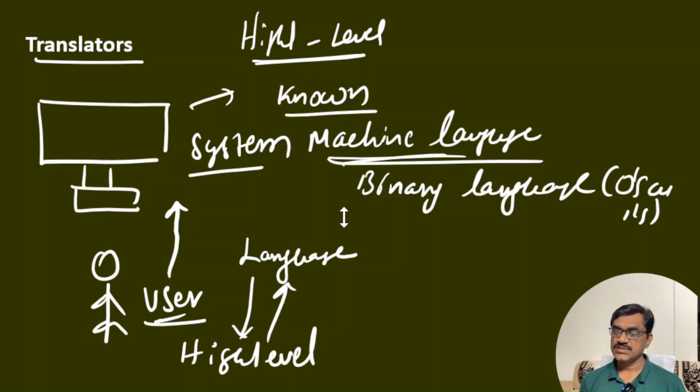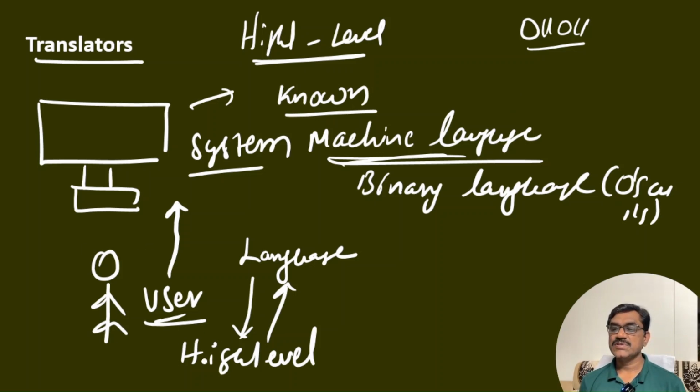How to resolve this? You can ask one doubt: why is the user not able to write the program in binary language? Because binary language means everything is zeros and ones. It is impossible to write the program and give the instructions in the form of zeros and ones. That's why the user selects the easiest language, which is somewhat near to English.